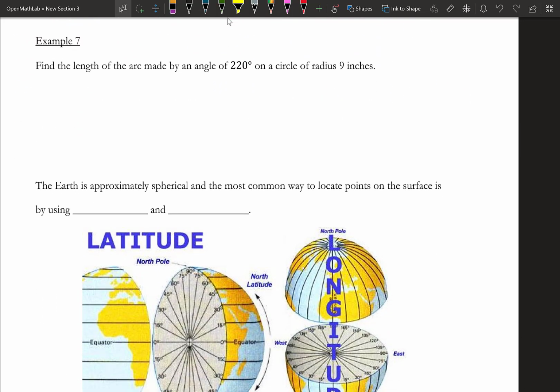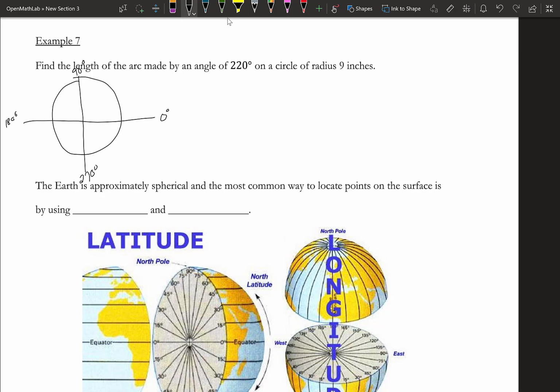So, example 7. We're asked to find the length of the arc made by an angle of 220 degrees on a circle of radius 9 inches. I'm a visual person, so if we want to draw this out, here is 0 degrees. Over here would be 180. This is 90 degrees. This is 270, just as a reference.